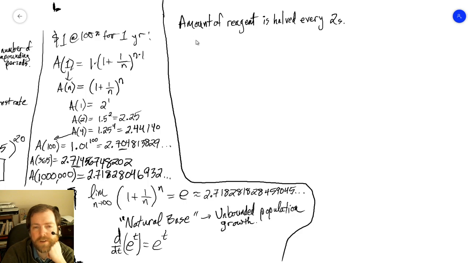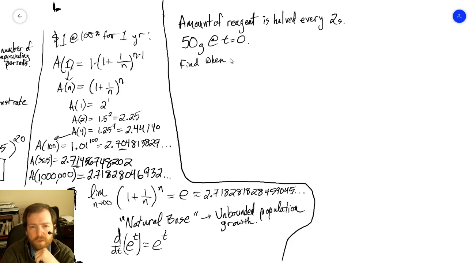Let's say that they started out with 50 grams at t equals 0. And you want to find when it reaches, let's go with 0.3 grams.